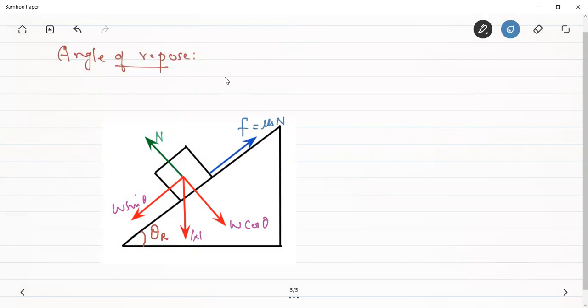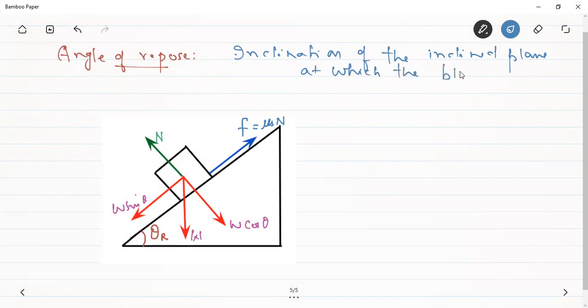So angle of repose is actually the inclination of the inclined plane at which the block is just about to slide down.